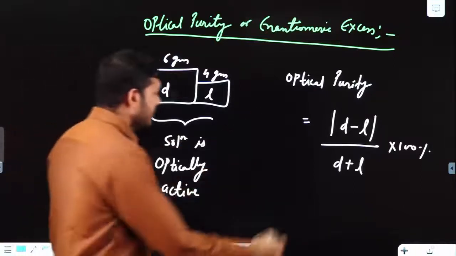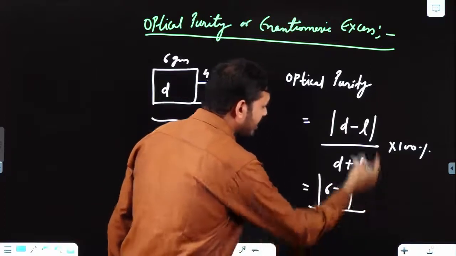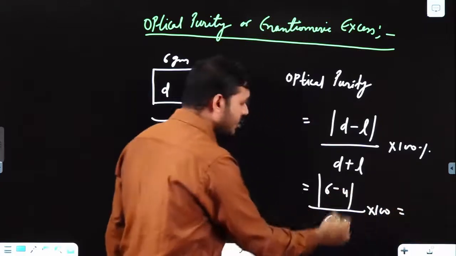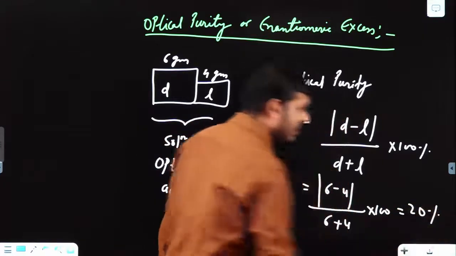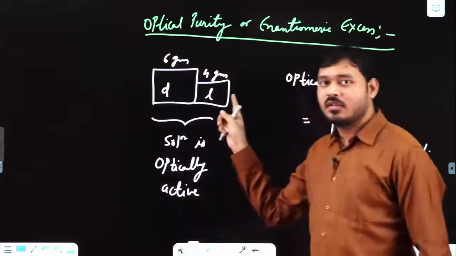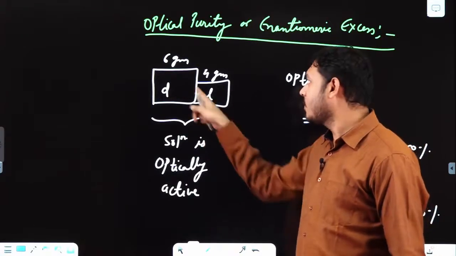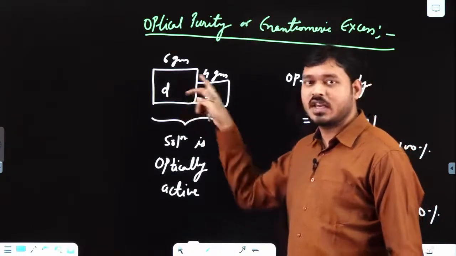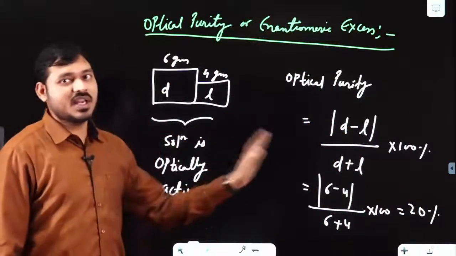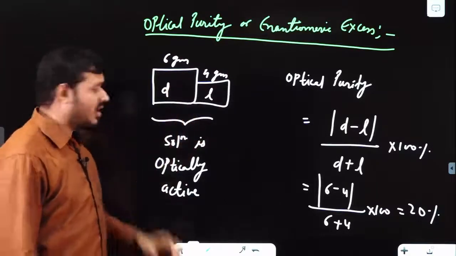Let's see by calculation: 6 minus 4, mod value, to make it positive, just 6 plus 4 into 100, it is 2 by 10, 20%. In theoretical terms also, 4 gram of L anti-clockwise rotation will cancel out 4 gram of D rotation, but the remaining 2 gram will cause rotation. 2 gram with respect to 10 gram means 20% is the optical purity of this sample. Clear to you all?